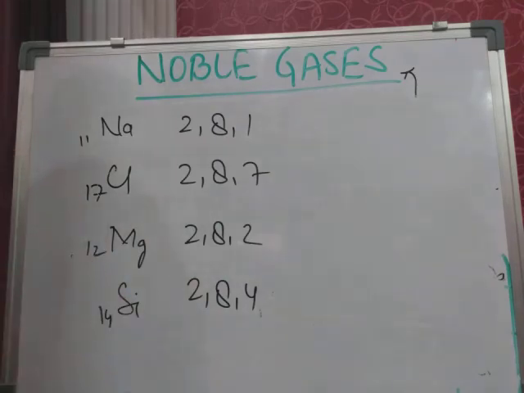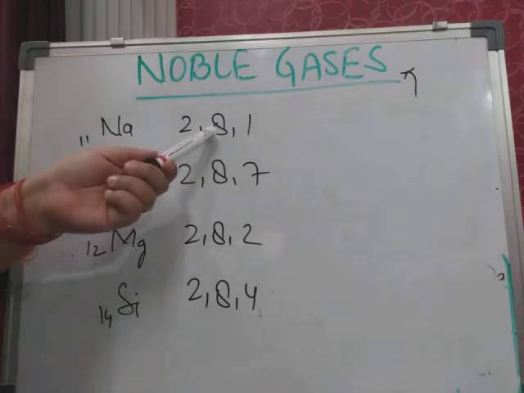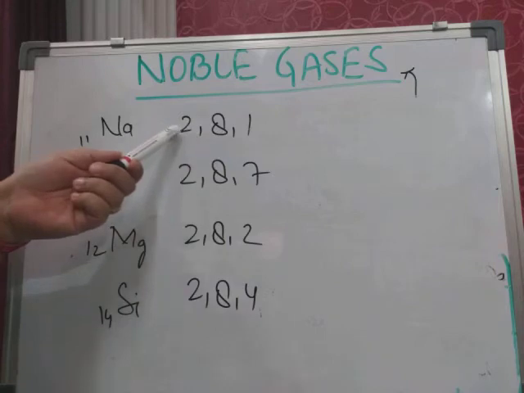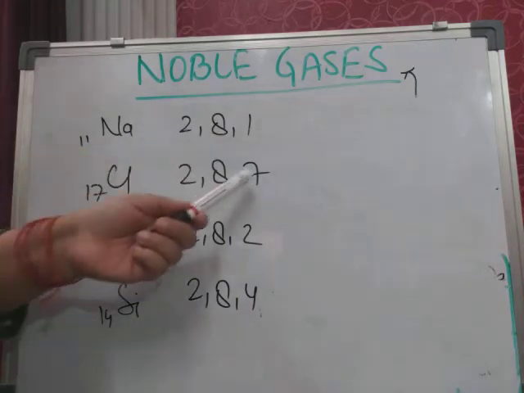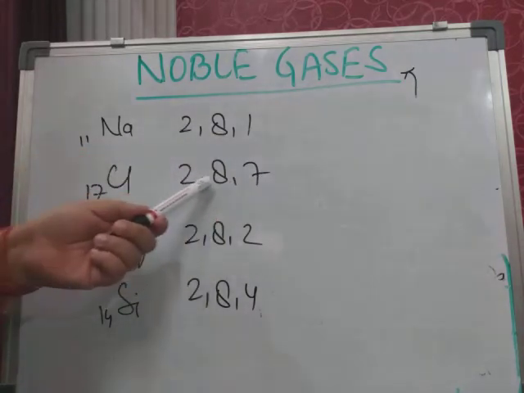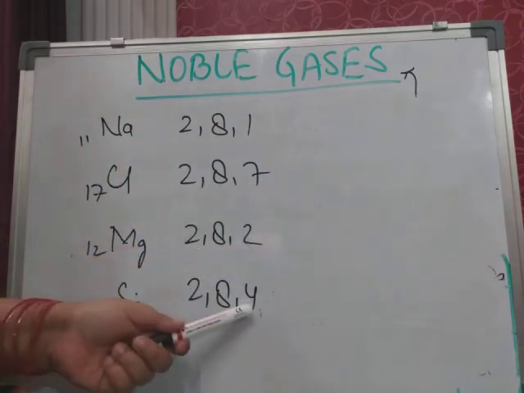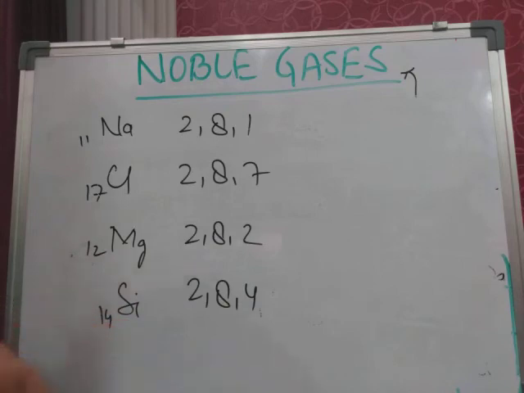Atoms always combine to attain the stable electronic configuration of the nearest noble gas. It will lose this electron to attain the electronic configuration of neon. It will gain one more electron to attain the stable electronic configuration of argon. It will also lose, and this will share. We will study this later in this chapter.